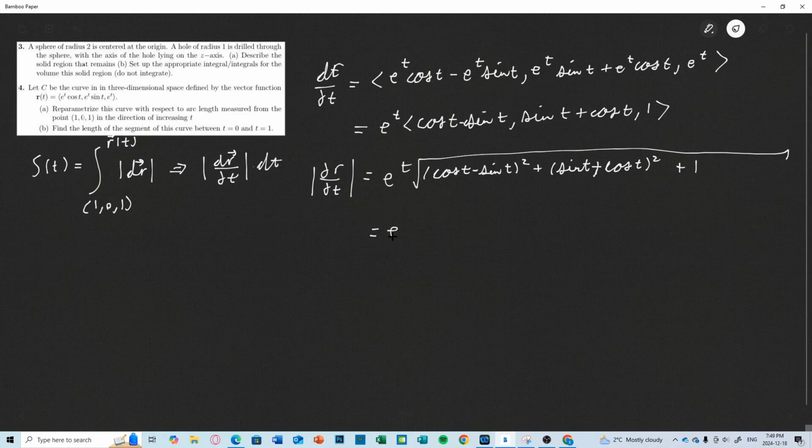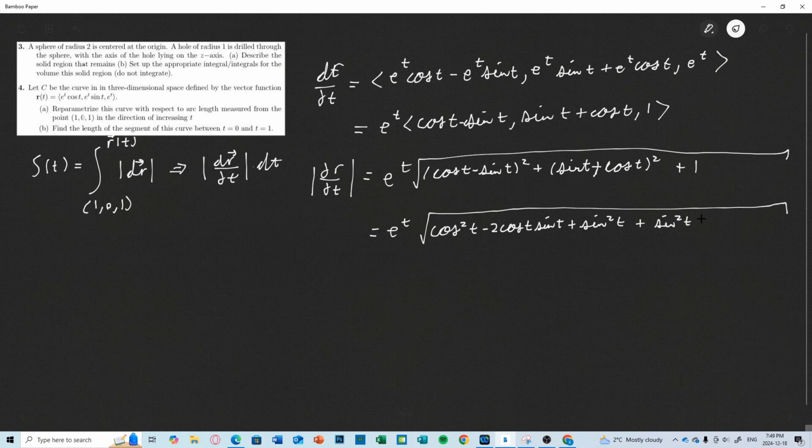So now this just becomes e to the t, a long square root of cos squared t minus 2 cos t sine t plus sine squared t plus sine squared t plus 2 cos t sine t, and then we'll continue the square down here because it's too long, and then cos squared t plus 1.